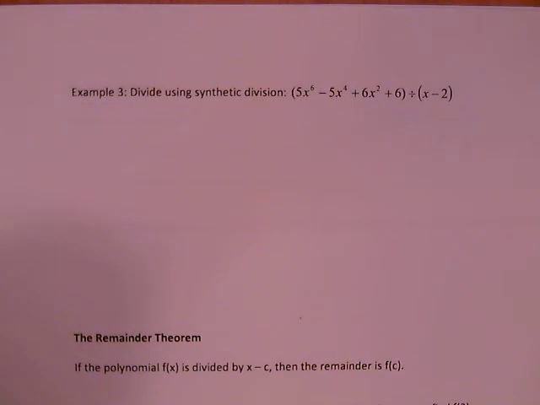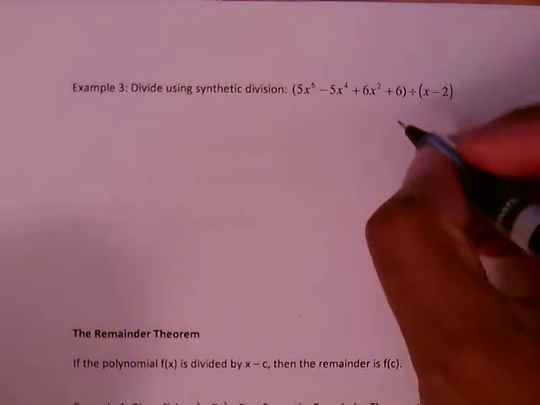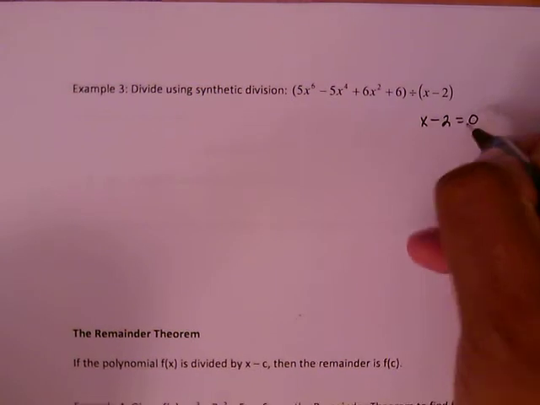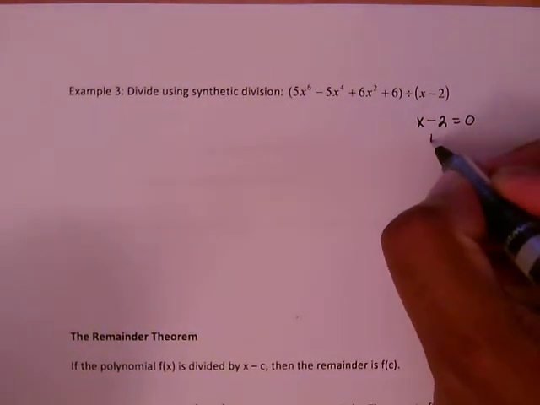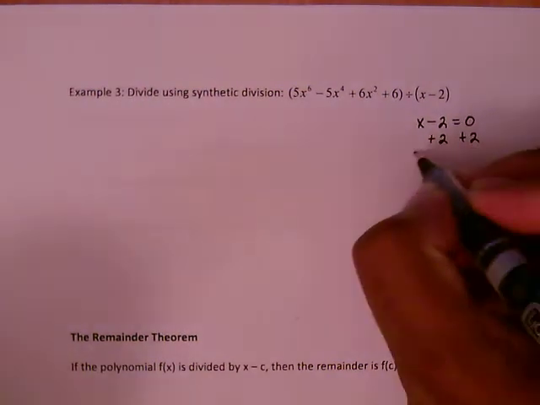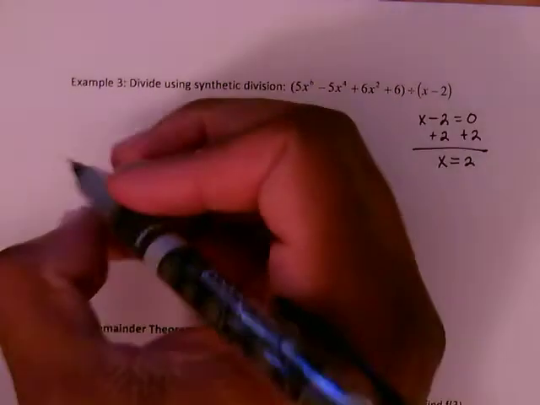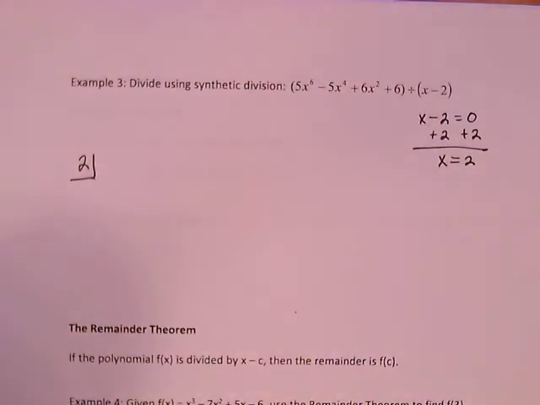In this case, we take that divisor of x minus 2, set that equal to 0, and find out what x is. So if I add 2, that's going to mean x is equal to 2. So that x equals 2, that 2 will be your divisor in the synthetic division.